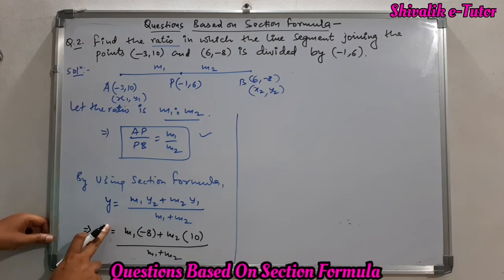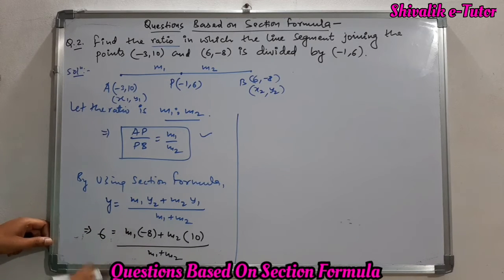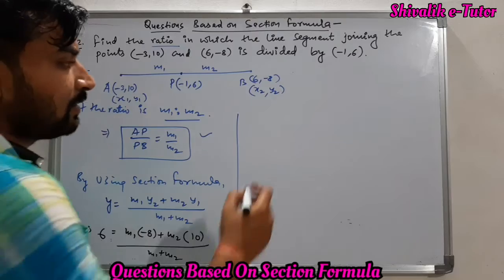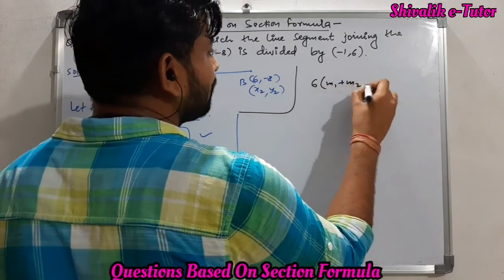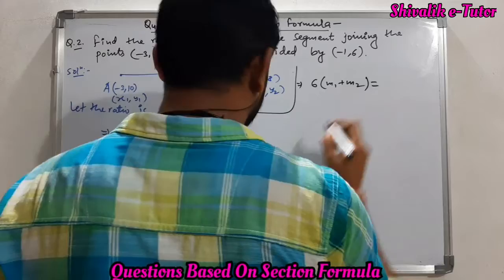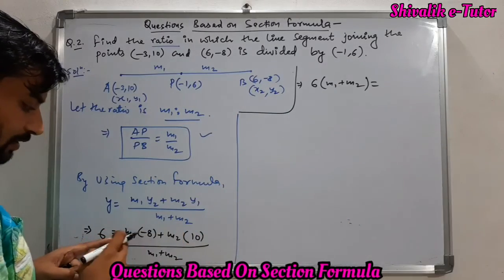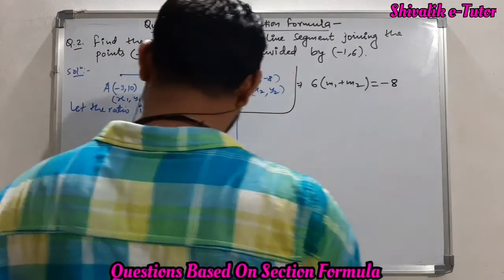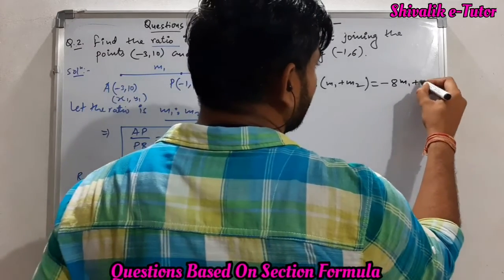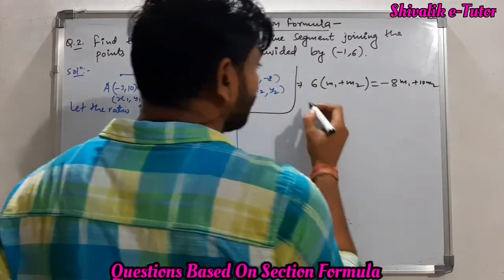Now when we look at this, the 6 is here, so when we cross multiply this, 6 will come in multiplication with m1 plus m2 here, and here when we solve the numerator we get minus 8 m1 plus 10 m2. This is what we are getting.